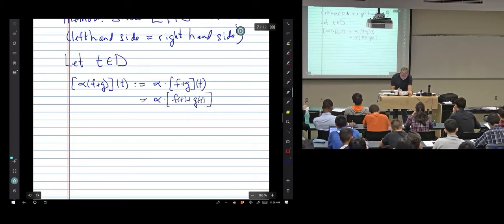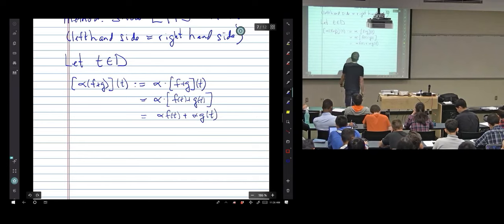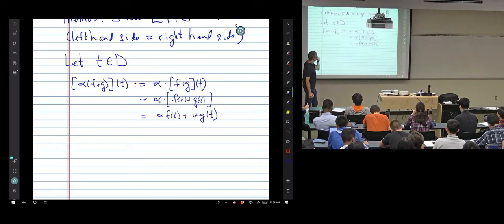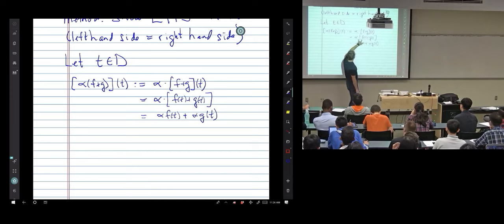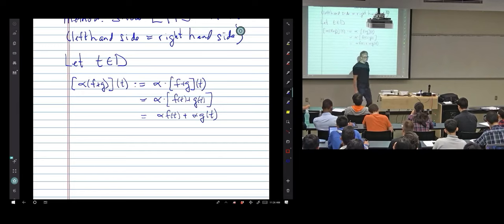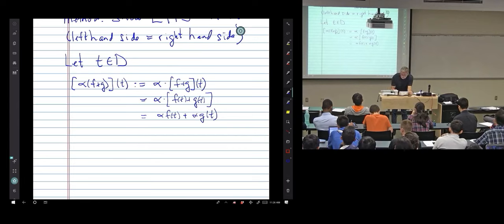Now everything is a real number, so that equals alpha f of t plus alpha g of t. So this function at a point is this sum of real numbers, and then a scalar times real numbers, that's the distributive rule. So that's the left-hand side.